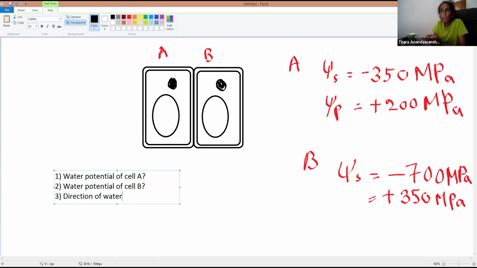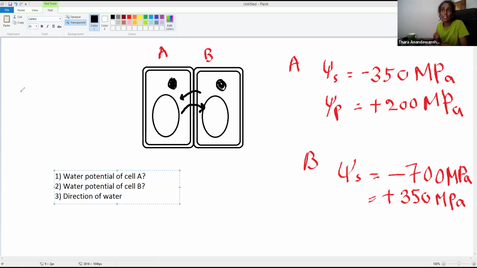The concept is always water moves from higher water potential to lower water potential. But this is not going to happen continuously. Initially, it happens until an osmotic equilibrium is reached. What's the meaning of osmotic equilibrium? At that point, there is no net movement of water. If two water molecules go to this side, two come to the other side, so water is still moving, but the same number, no net movement.